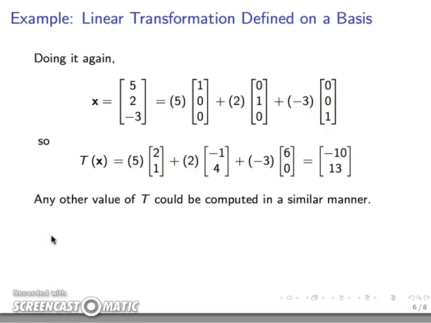So we would say that any other value of T could be computed in a similar manner, even though we don't have the exact formula. We could calculate other evaluations, because we do have information of the transformation evaluated at elements of a basis for the domain.